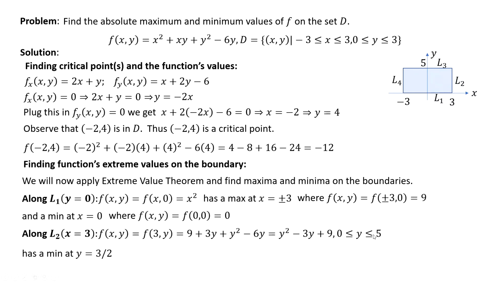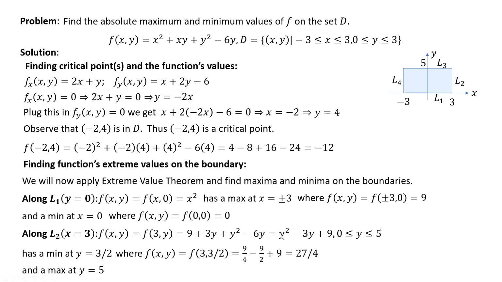Check the maximum where f of x,y is equal to, okay, at 3 and 3 halves. Where does this 3 come from? The x value is 3 there. On line L2, the x value is 3, so that's where this comes from. And that turns out to be 27/4. And a maximum at 5.